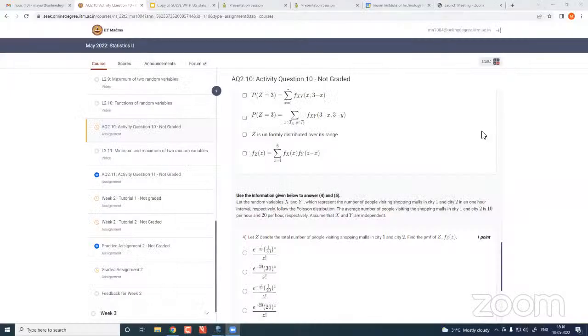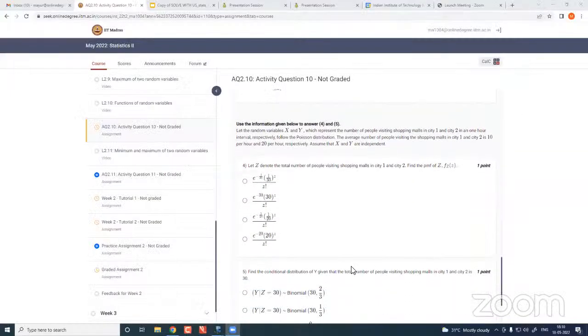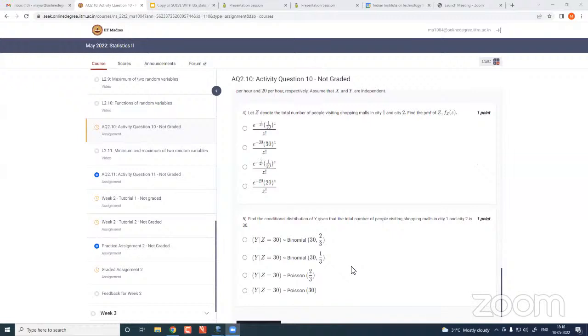So this is a binomial problem, right? And what is the probability for that binomial distribution? That you have to find out. So this is for Y given Z equals 30.